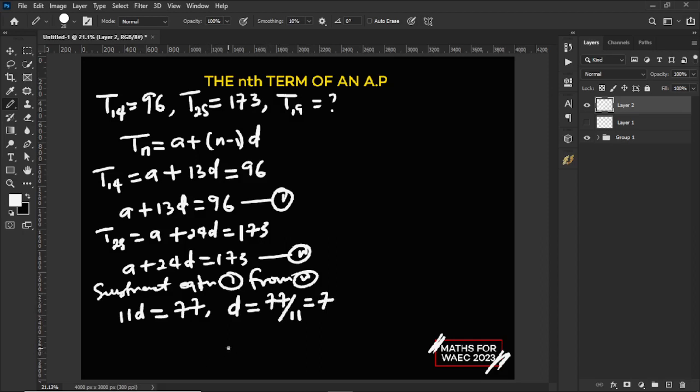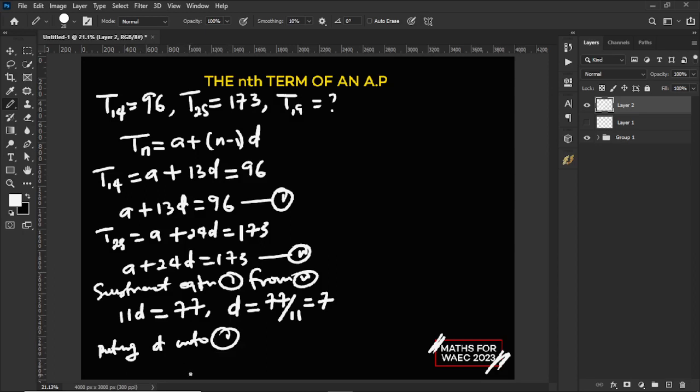So we've gotten our common difference, have we? We can find our first term now by putting D into equation 1.